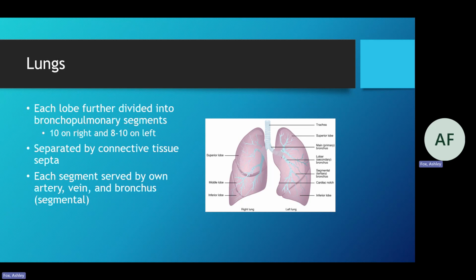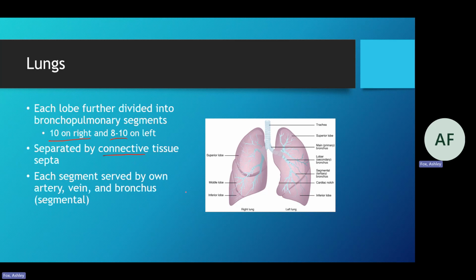When we get to lobar bronchi, that's what's providing the supply of oxygen and taking away carbon dioxide from the bronchopulmonary segments. There's more on the right, usually 8 to 10 on the left, depends. And they are separated by connective tissue. So when you look at the lungs, you can actually see it.